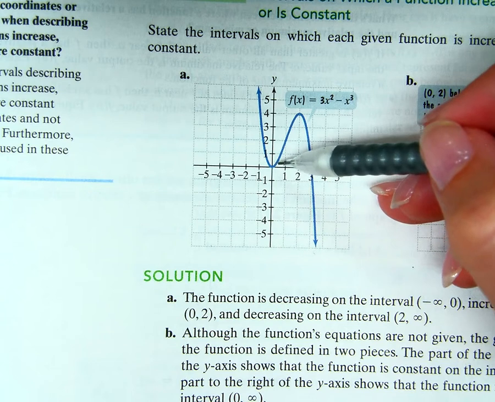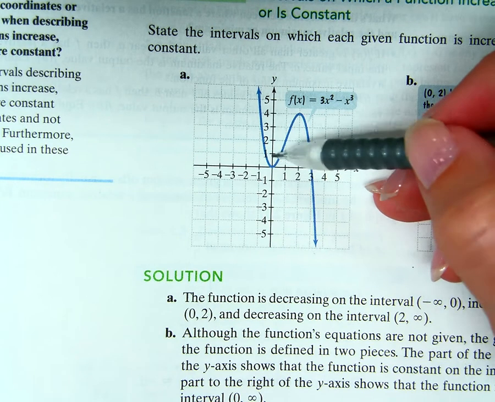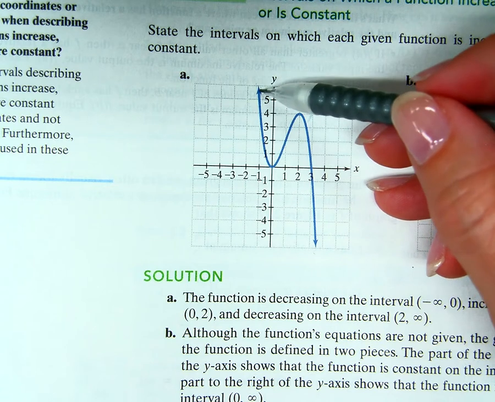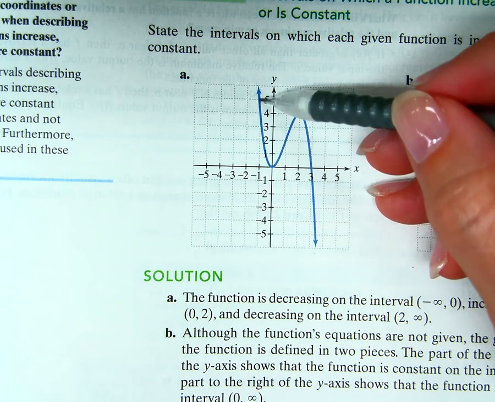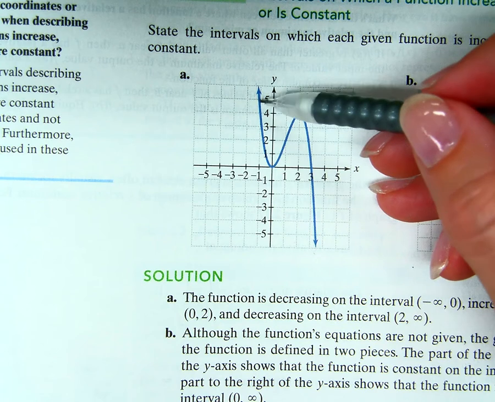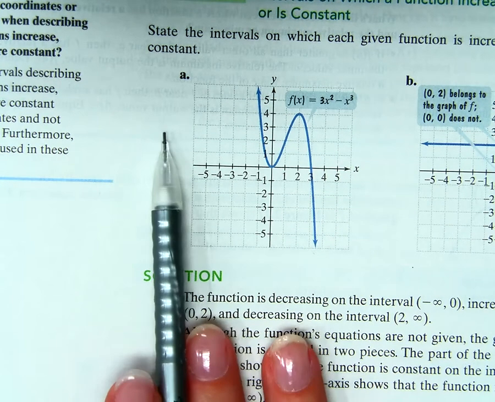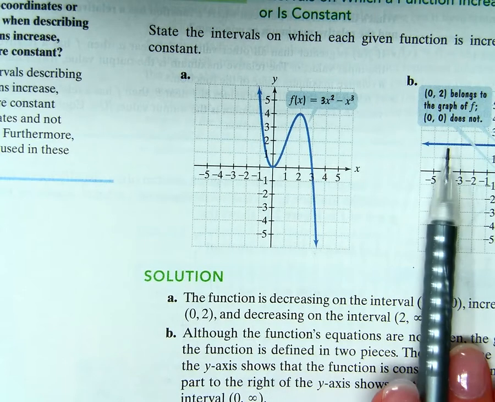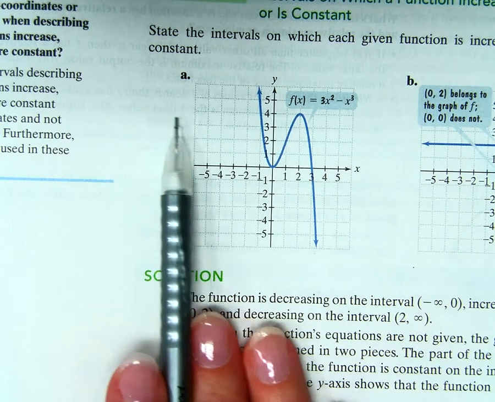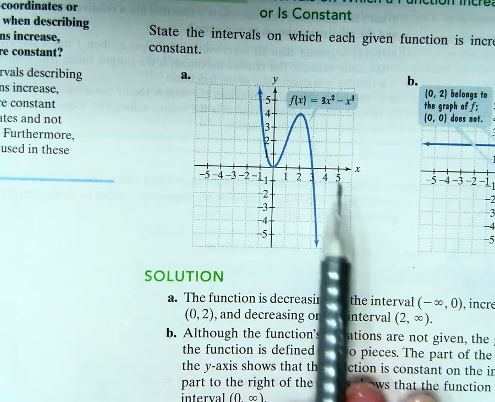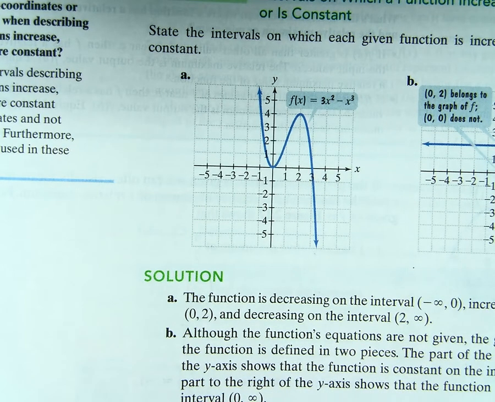Now, some people have a little issue with that because it looks like we start here and go that way because there's an arrow up there, right? So that looks like it should be increasing. Except when we're reading intervals like this, when we're trying to decide if it's increasing or decreasing, we go from left to right. So left to right, that's decreasing, that's increasing, that's decreasing. That makes sense?